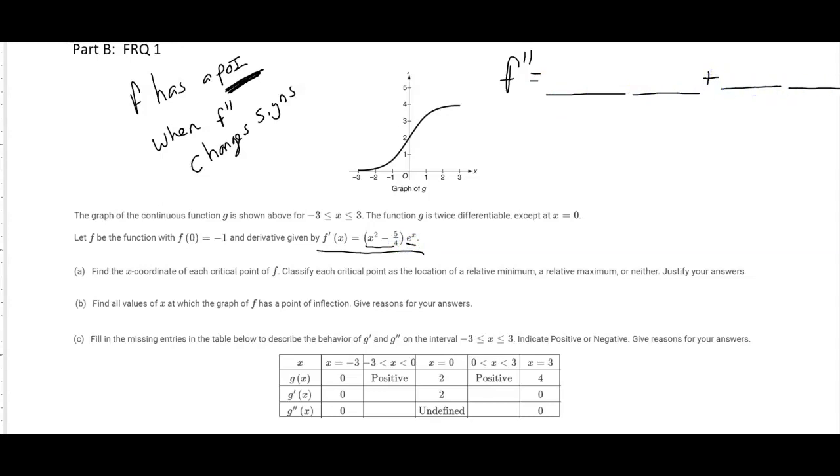Okay? So if I call this A and this B, let's see how this works out. A prime B, AB prime. Here we go. So A prime is 2x, B is e to the x, A is that, and B prime is still e to the x. Now, let's clean that up a little bit.